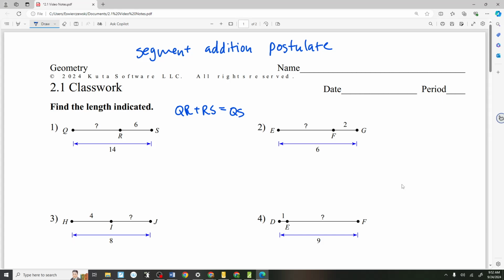So the distance QR plus the distance RS equals QS.